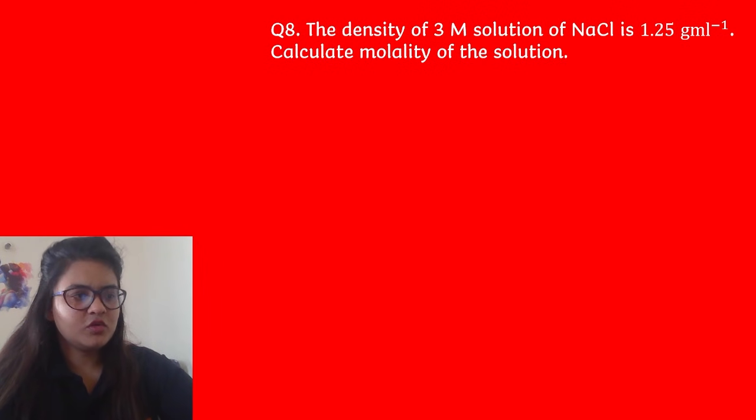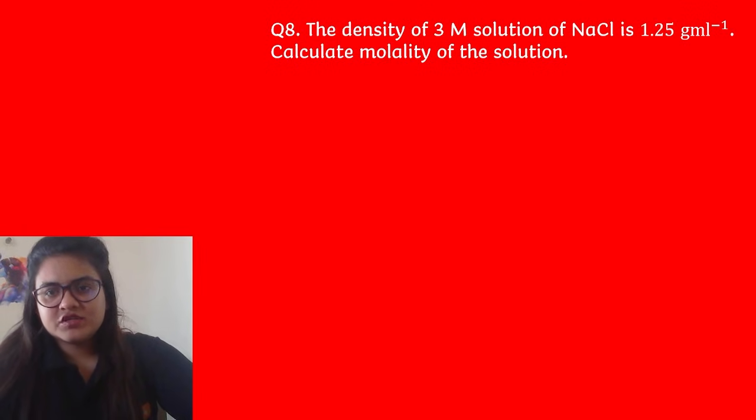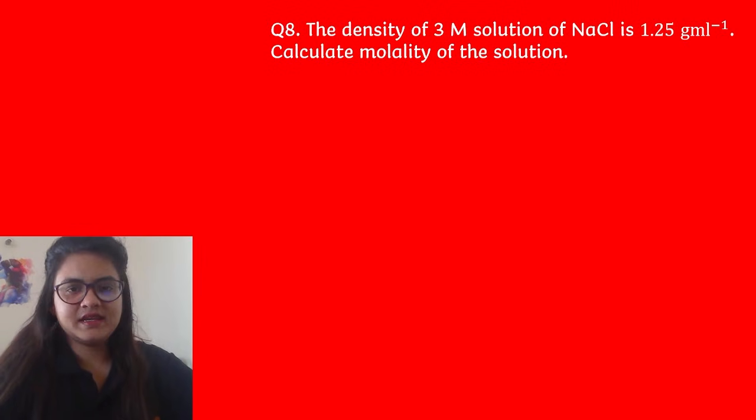Okay, here is one more problem you can see. Very important problem. The density of a 3 molar solution of NaCl is 1.25 gram per ml. Calculate the molarity of the solution. So first let's calculate the molar mass.